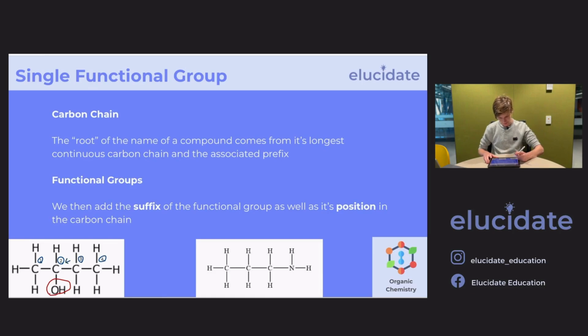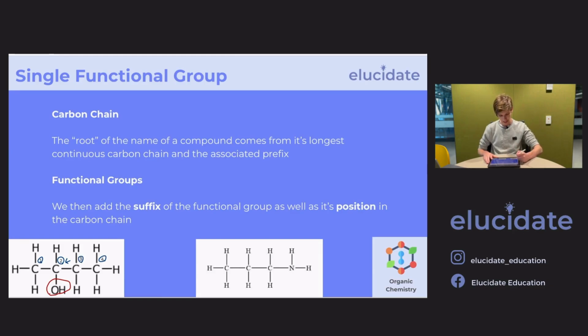Notice that if I started numbering in reverse, 4, then 3, 2, 1, the alcohol would be in the 3rd position. But usually we take whichever position gives the lowest possible number. Now we have all the information we need to identify the compound.